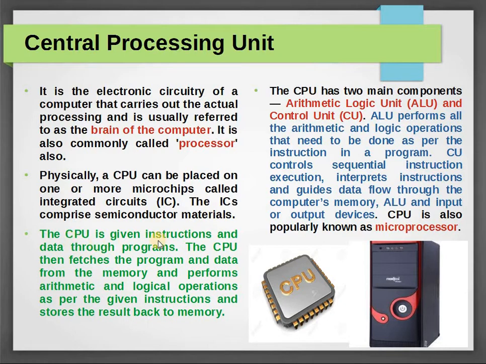The CPU is given instruction and data through the program. The CPU then fetches the program and data from the memory and performs arithmetic and logical operations as per the given instructions and stores the result back to the memory.